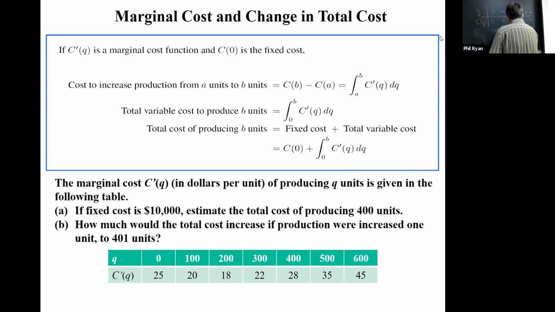So the variable cost for 400 units would be 8,000, and now the average of this would be 650. We still have fixed cost of 10,000. That doesn't change just because we're doing 400 units, and so that would be $18,650.